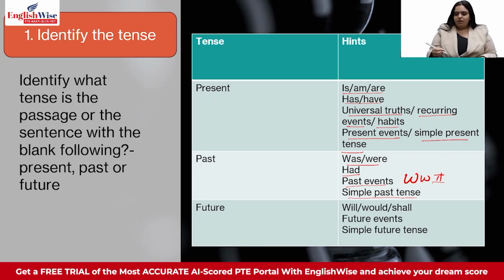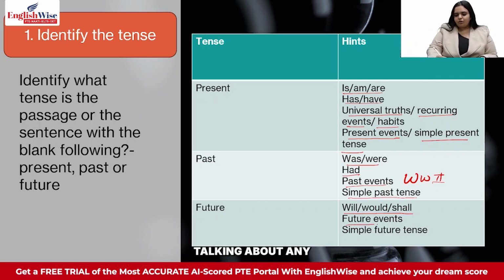And for future you will have these kind of hints: will, would, or shall. Will, would, or shall, they always represent future tenses. I will eat an apple, or India will excel with a great economy. This is how your future sentences are formed.